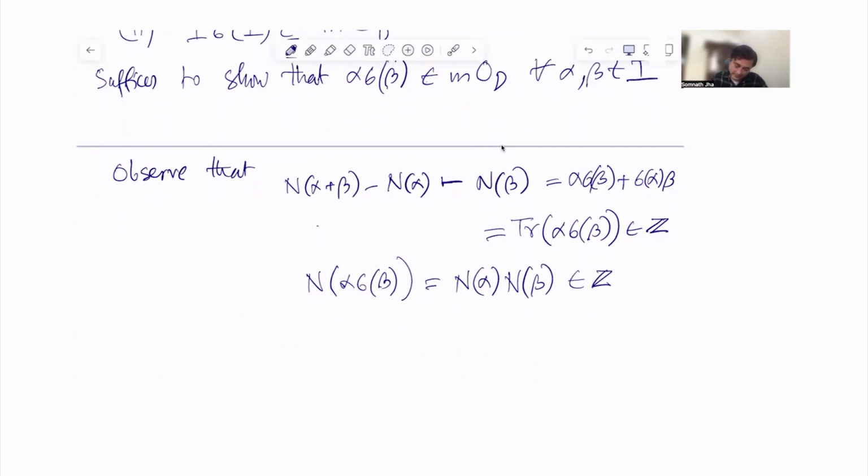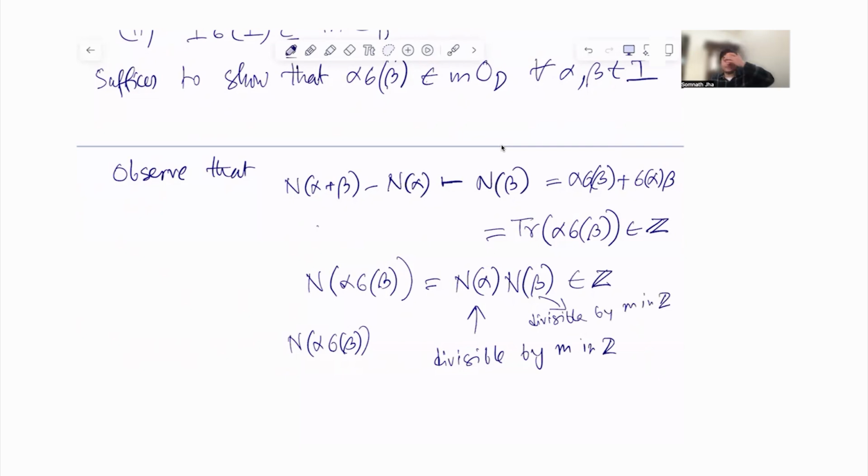And the norm of alpha times sigma beta is in fact divisible by m in Z, and this is divisible by m in Z, right?